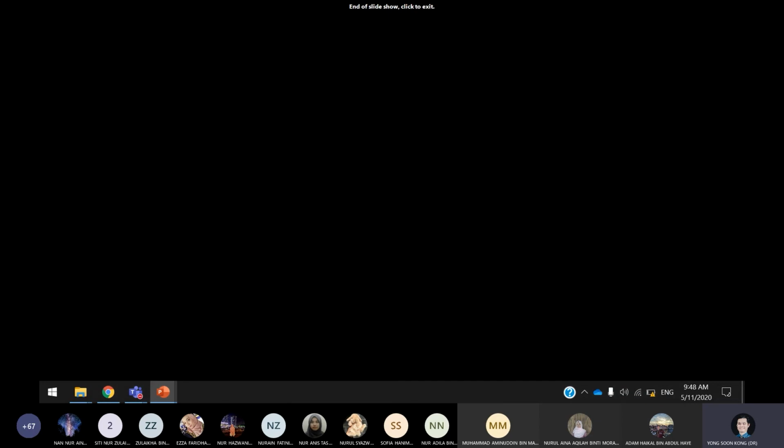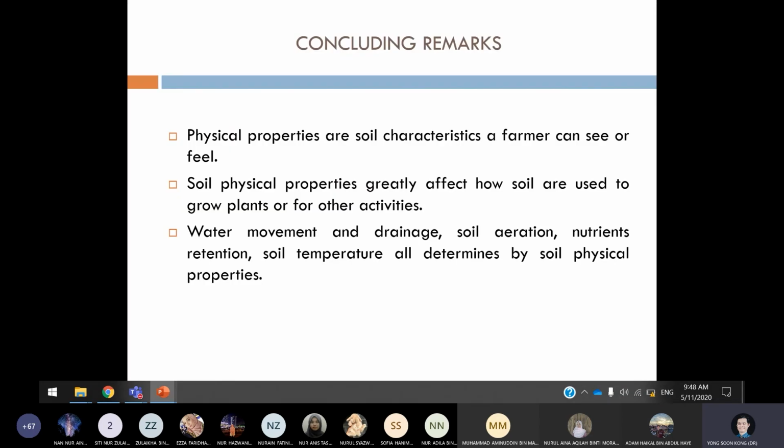So, physical properties of the soil. Why is it so important? Because it's so easily conducted, so easy to do, that even poor farmers can do it by themselves without requiring sophisticated and high technical knowledge.